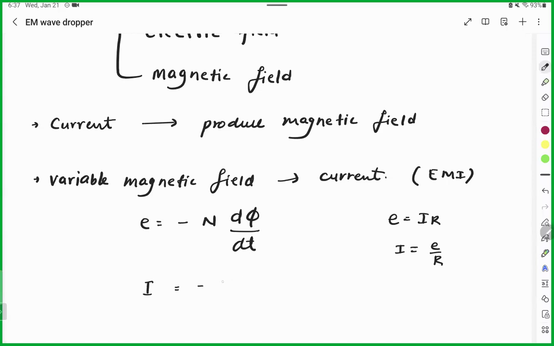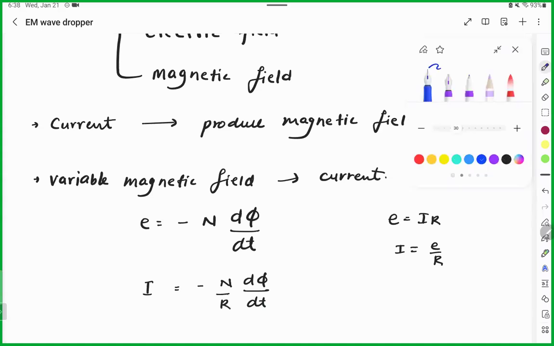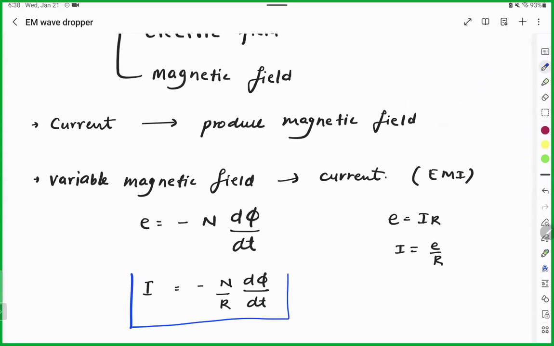Current value will be N d phi by dt, this is your E value, divided by R. Any doubt?